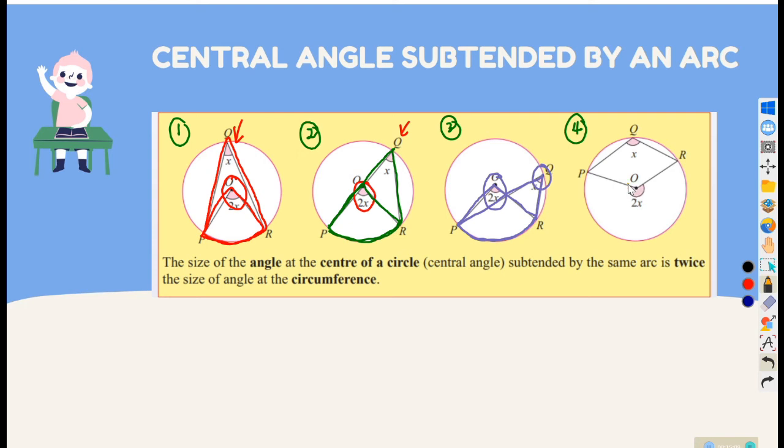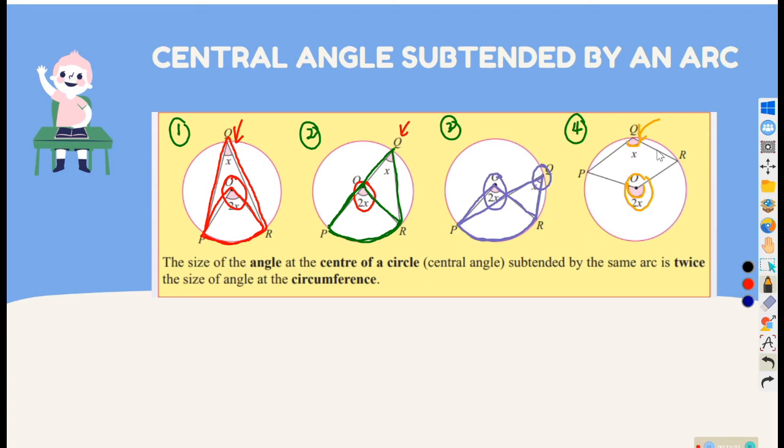You must remember the position must be the same. So this one is the angle at the center, and this one is the angle at the circumference.